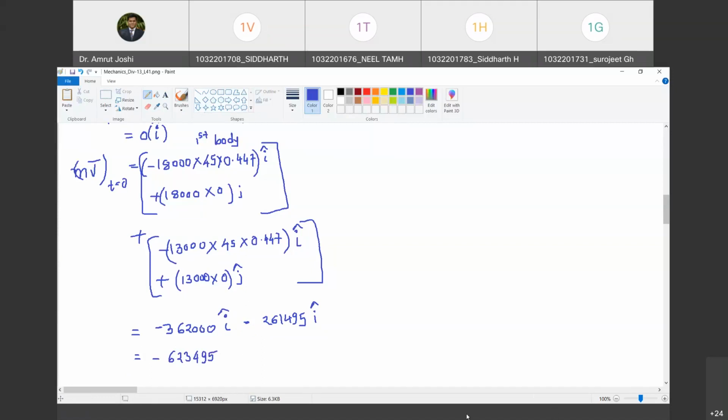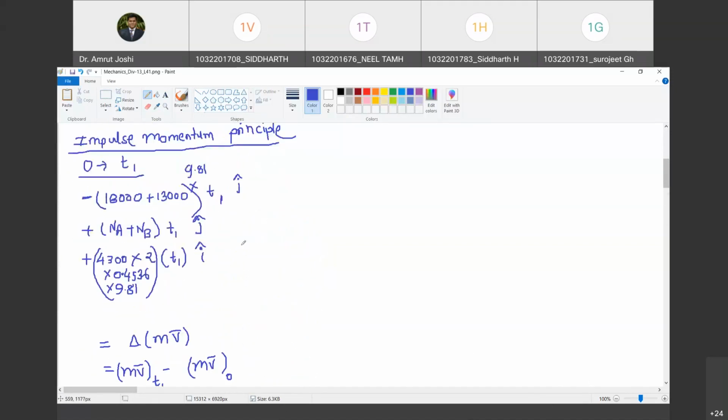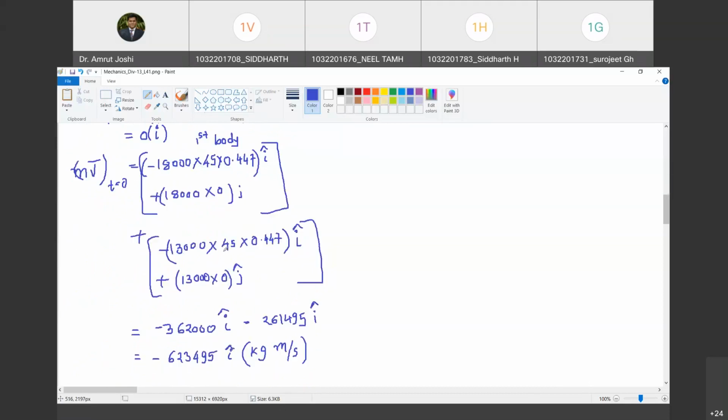Yes, sir. And what is its unit? Its unit is kg meter per second. Happy? Yes, sir. This is going to be the unit. So now what is the change in momentum?